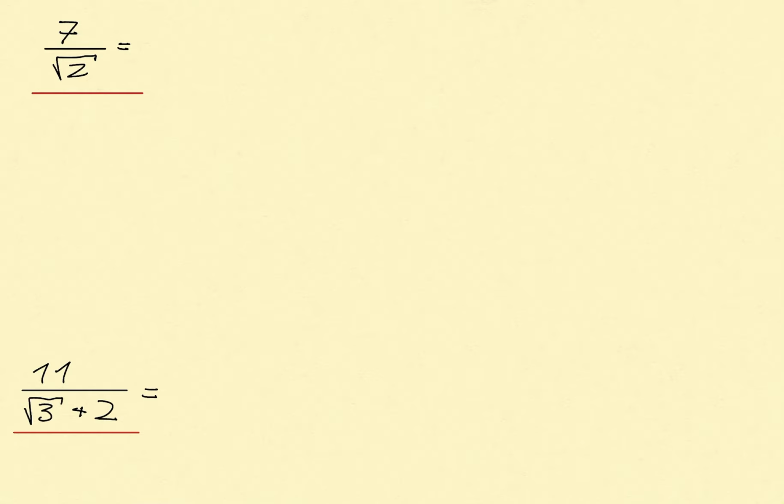That's something we should avoid, having square roots in the denominators. So what we'll do is, in order to eliminate this square root, we will times the denominator.